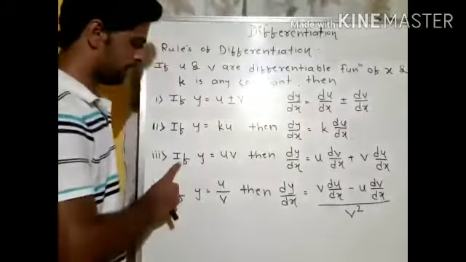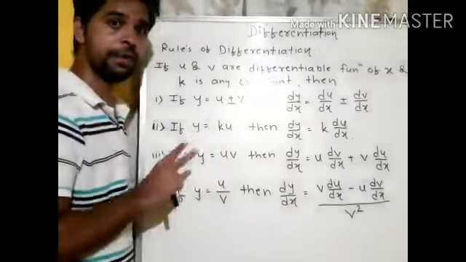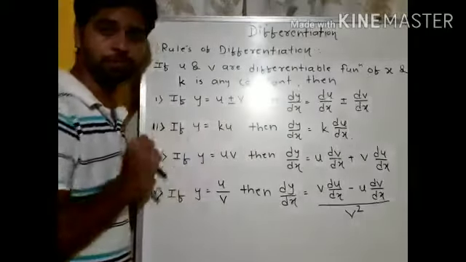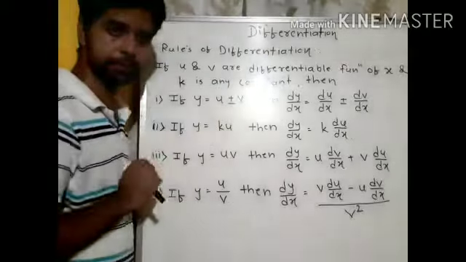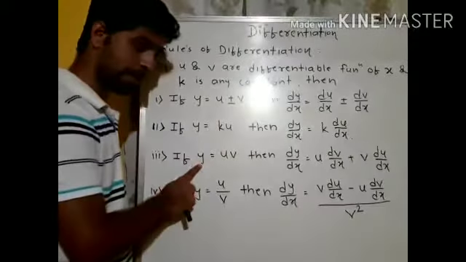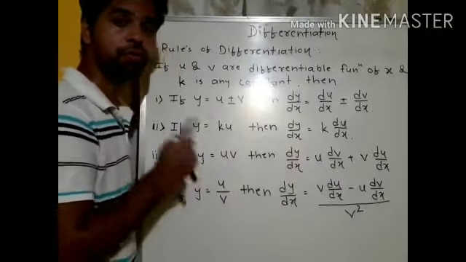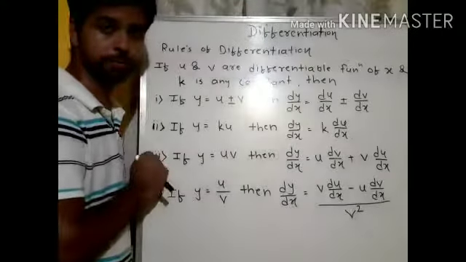Getting? Now next third, y equal to u into v. Now here we have 2 different functions, u and v, in product form, right? So we'll use product rule of derivative. What is that formula? Derivative of y will be dy by dx. Now how to differentiate this u and v when they are in product form?